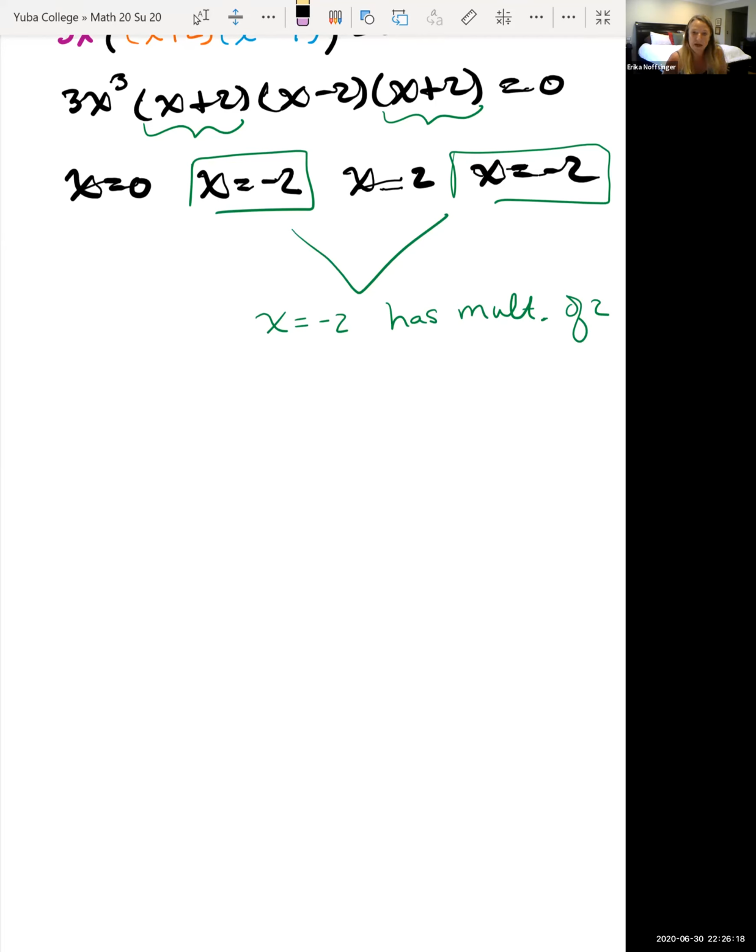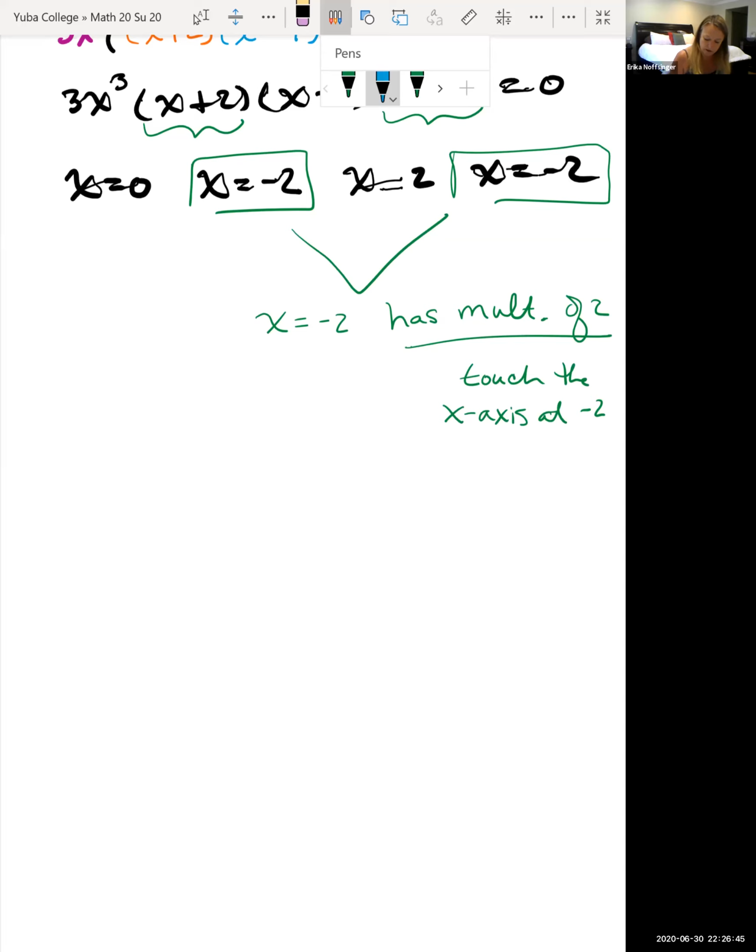And so because it's an even multiplicity, we know that it's going to touch the x-axis at negative 2. The other intercepts, 0 and positive 2, have multiplicity 1, so we know we're going to cross the x-axis at those values.